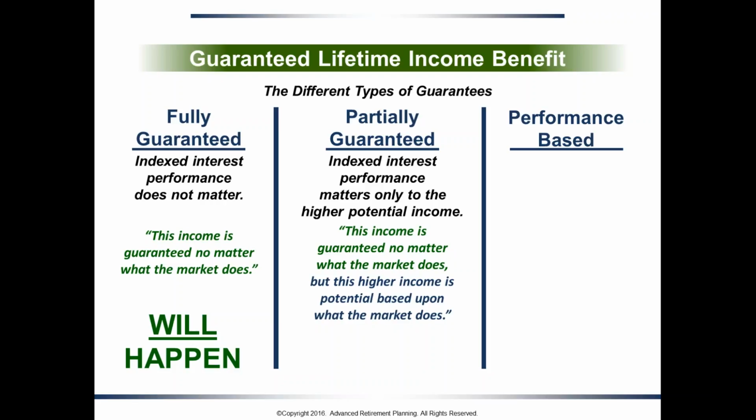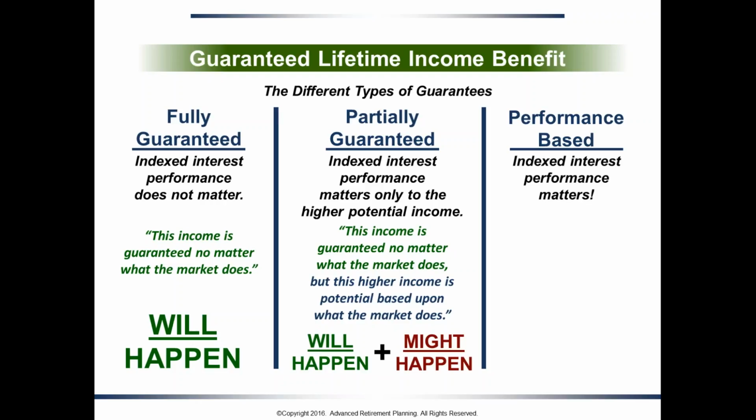I could say this amount of income is fully guaranteed no matter what the market does, but in order to hit this higher amount, it's going to be based upon what the market does. So you can see what I mean when I say the strength of the full guarantee starts to decline. This is a combination of both what will happen and what might happen. Then we have our pure performance-based ones.